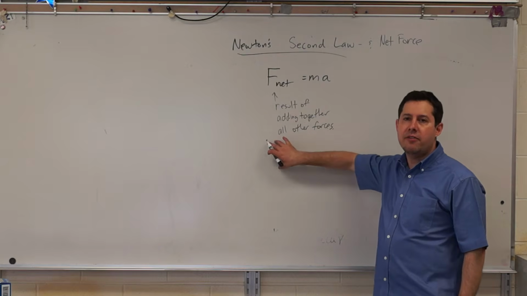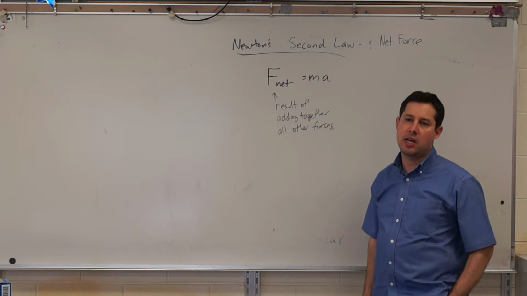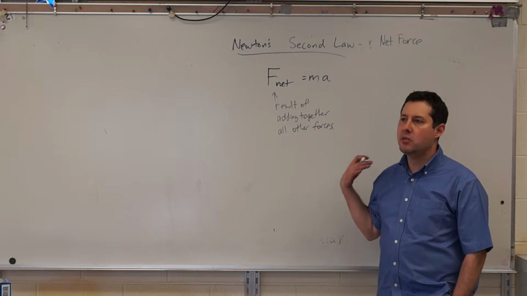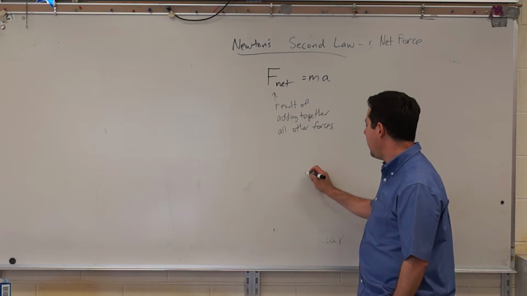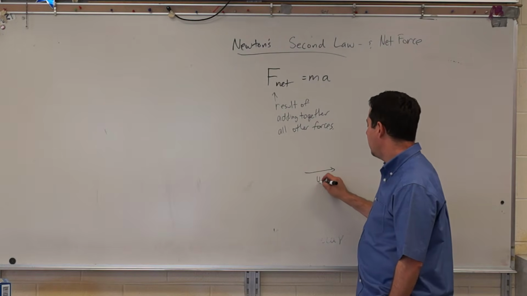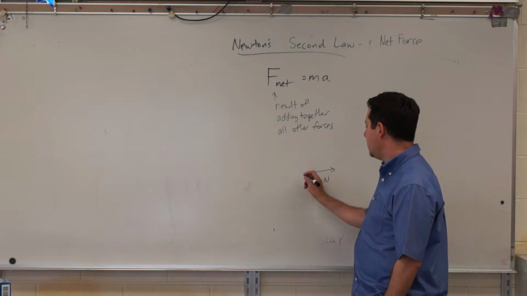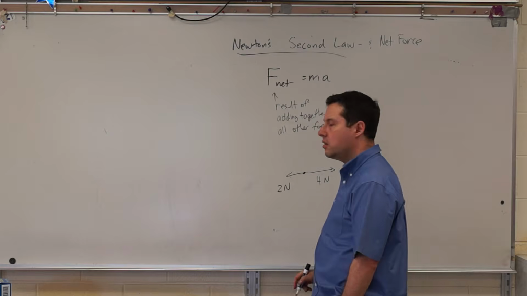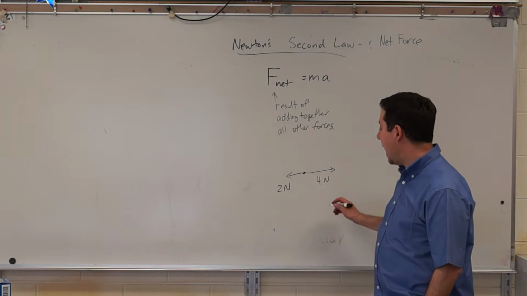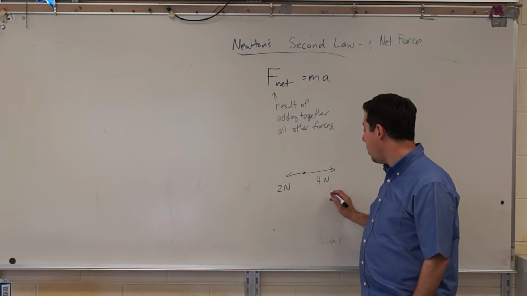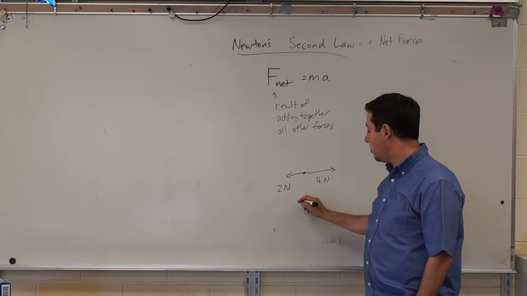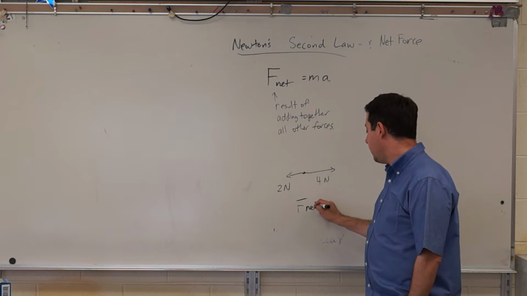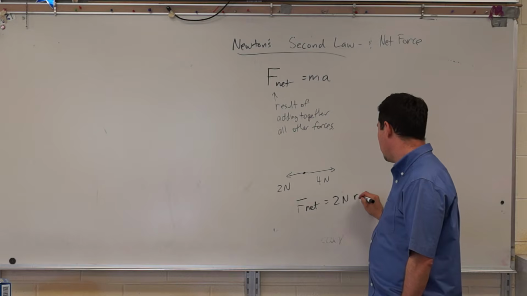There is not a force called the net force that pulls on an object. The net force is a resultant. So maybe what you have is someone pushing on an object 4 newtons to the east and 2 newtons to the west. So the resultant of that, the net force of these two forces being applied, is just 2 newtons to the right.